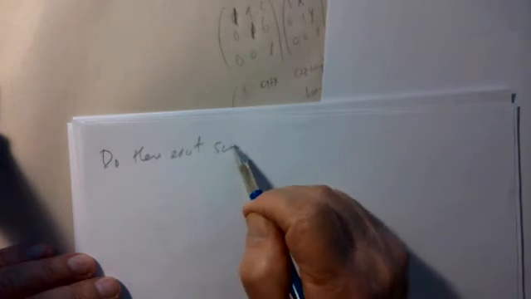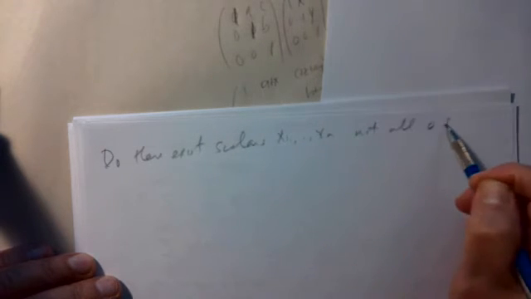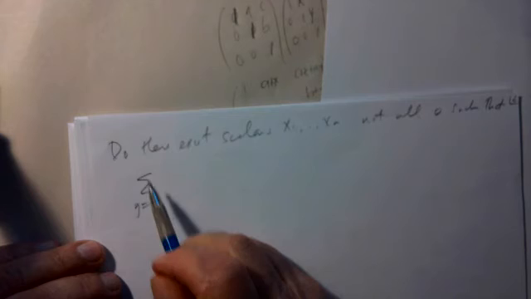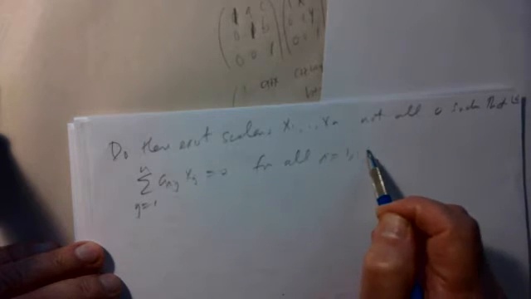So we can ask, do there exist scalars x1 up to xn, not all 0, such that this is always 0: summation j goes from 1 to n, aij xj equals 0, for all i from 1 up to m.